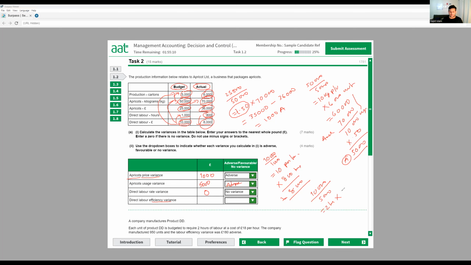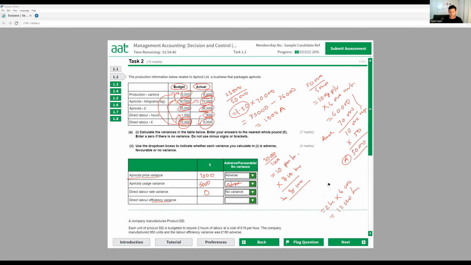So for 6,000 units, it's supposed to be 12,000 hours. But actually we use 800 hours. So it should be 1,200, not 12,000, because we have 10,000 as the amount, not the hours. So it is 1,000 here. So we need to be careful a little bit.